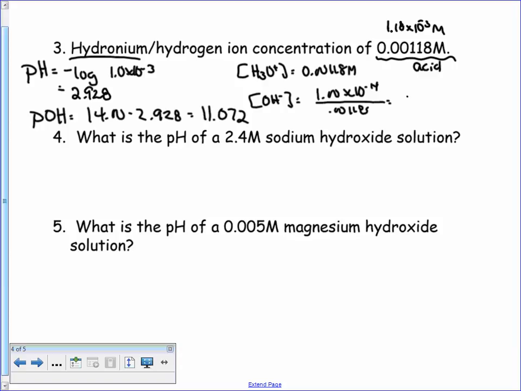So the hydroxide concentration is 8.47 times 10 to the negative 12, and let's put a unit on there. That's a molar concentration. That's what the brackets mean.